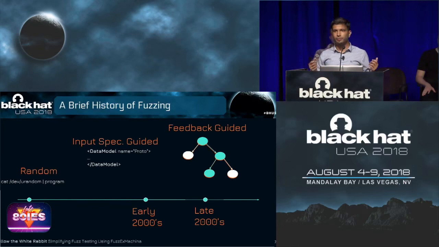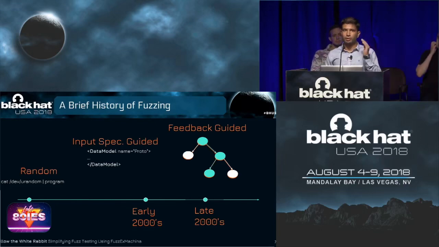For one, you needed a specification to do such testing, and in several cases, getting a specification was difficult because either the program was poorly documented or for some other reason, specification did not simply exist. And the other problem was that when you drive a fuzzer using a specification, you might not actually be testing undocumented features. So what happens is there is a divergence between specification and implementation, and you're targeting your fuzzing at specification, and that might not uncover bugs in undocumented features.